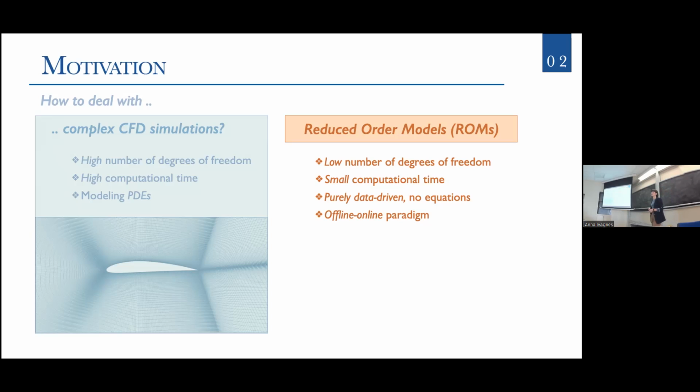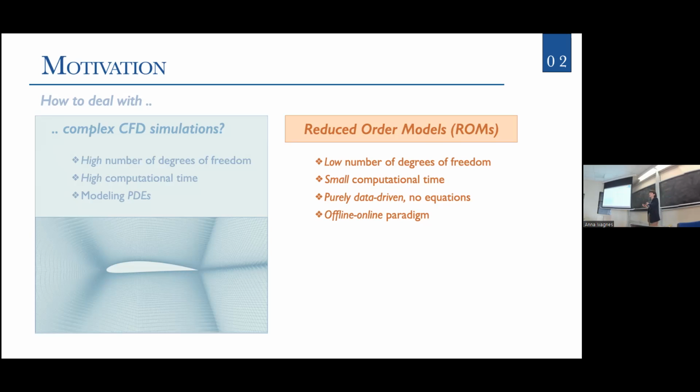It means that you have two steps, basically, an offline stage, which is much more expensive. In this offline stage, you have to run a lot of high-fidelity simulations, the ones that I introduced before. And then you can collect your snapshots, which are your solutions. So in our case, the velocity and pressure fields, for example.